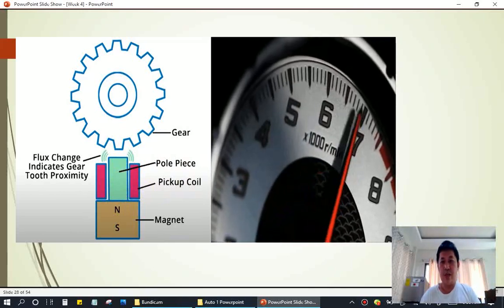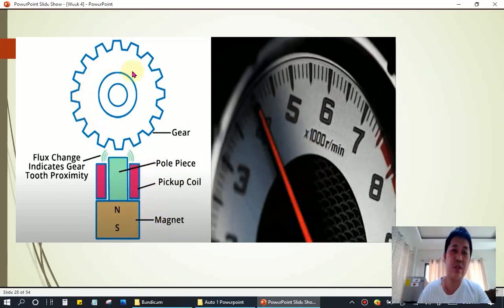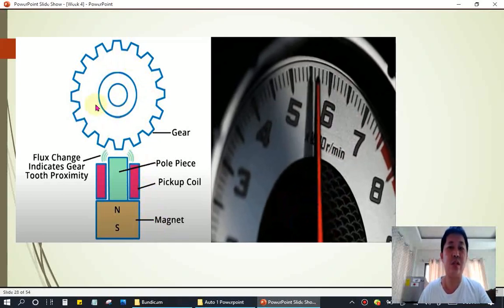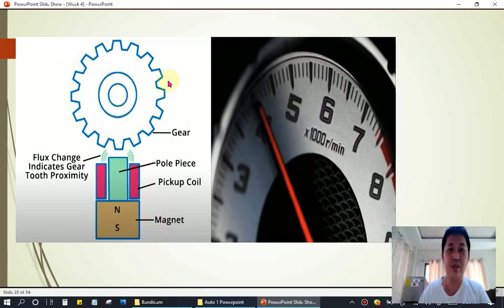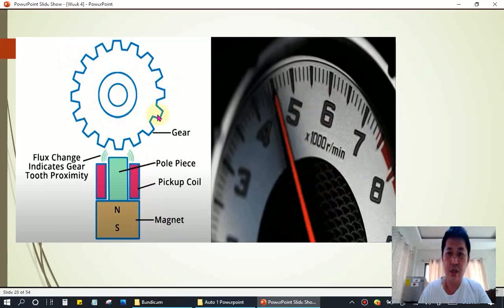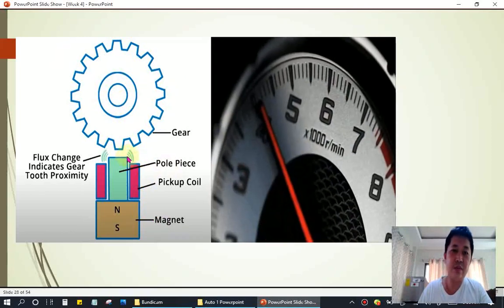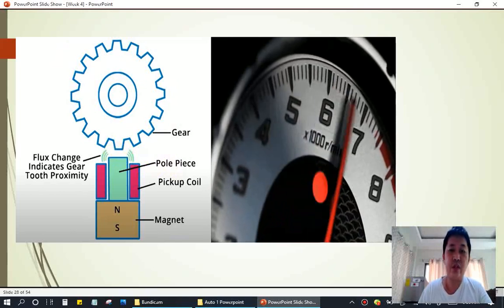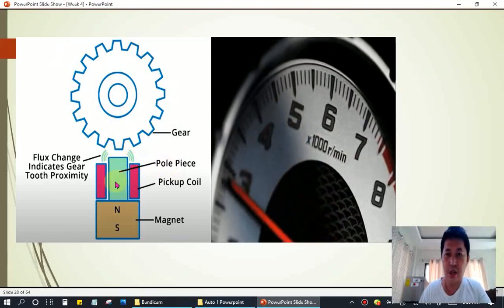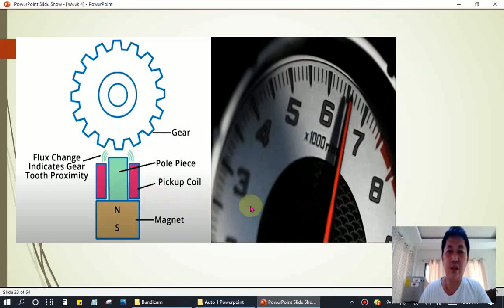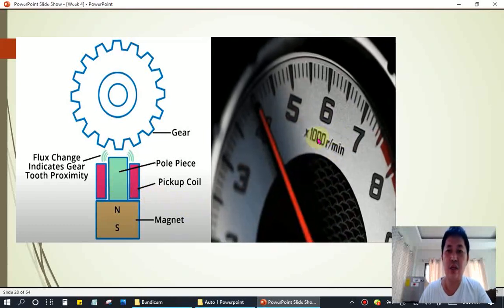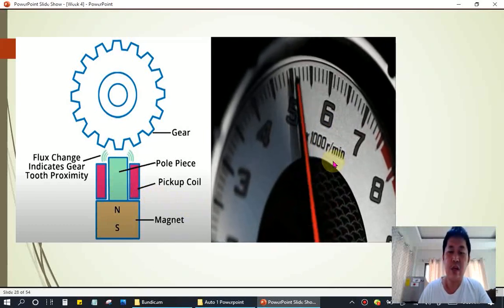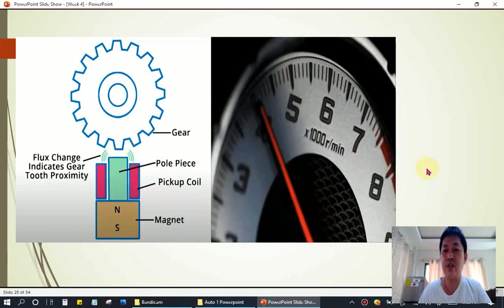This is your magnet. As this gear is turning, as the engine continues running, it reaches the RPM. So the signal here is being converted into an electrical signal and converted into an analog signal, which reaches the RPM.